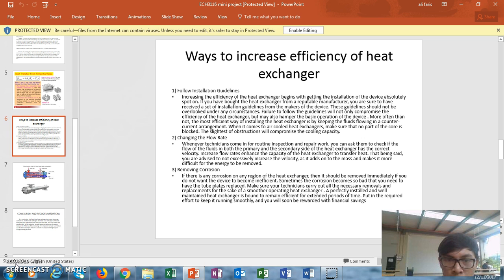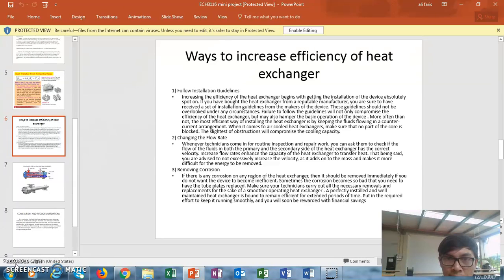By this, you can increase the flow rate and change the capacity of the heat exchanger to transfer heat. However, you are advised not to necessarily increase the velocity, as it adds mass and makes it more difficult for energy to be removed.